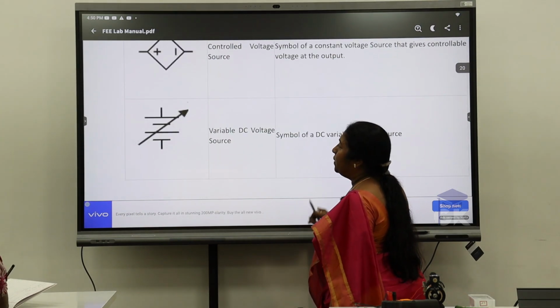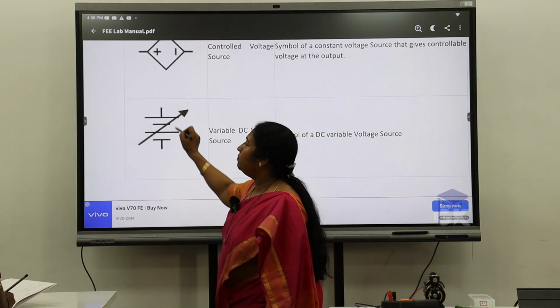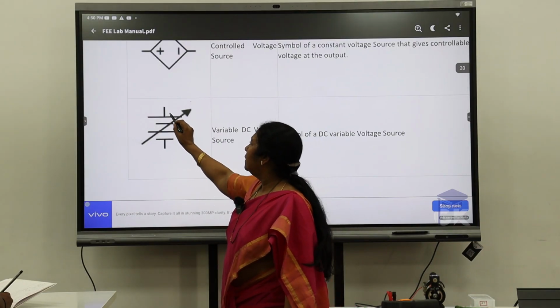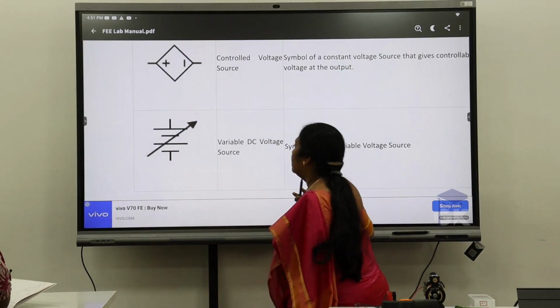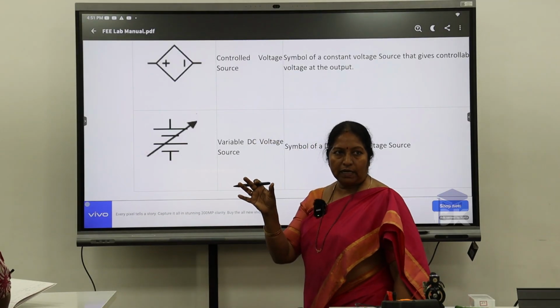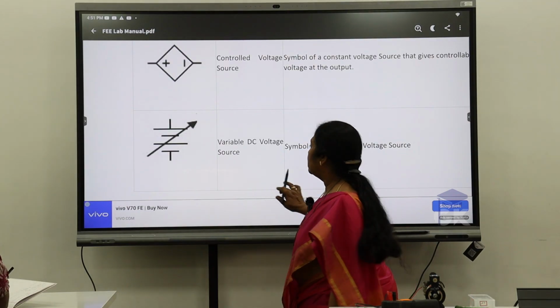This is for a variable DC source. But here polarity needs to be mentioned. This is positive and this is negative. Okay. So the wider line is positive, the smaller line is always negative.